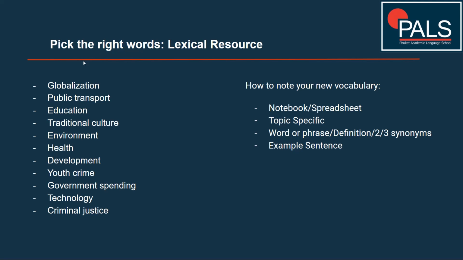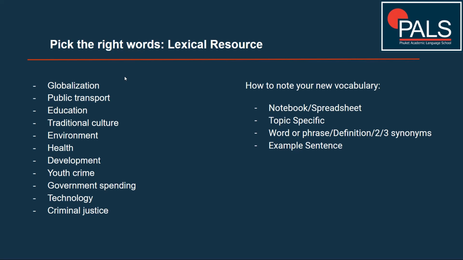On the left here, you can see the most common topics that come up in IELTS Writing Task 2. We have globalization, public transport, education, traditional culture, environment, health, development, youth crime, government spending, technology, and criminal justice. Now, the reason I've put these up again is because these can help you greatly when you come to dig out new vocab during your IELTS preparation.